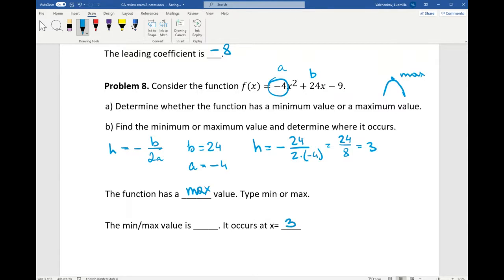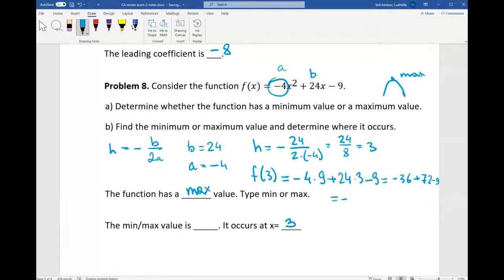What is the value of the maximum? We must find f of 3. We must substitute 3 into the equation. So -4 times 3 squared, which is 9, plus 24 times 3 minus 9. That is -36 plus 72 minus 9.